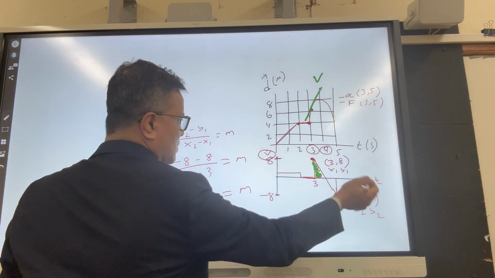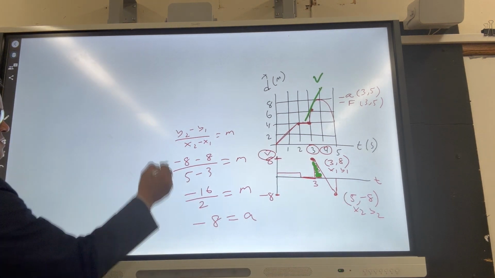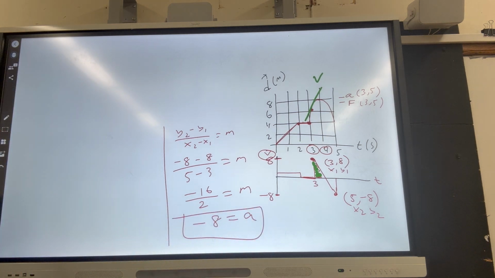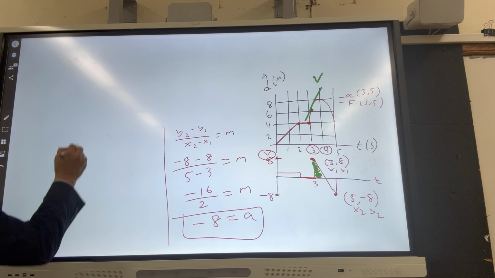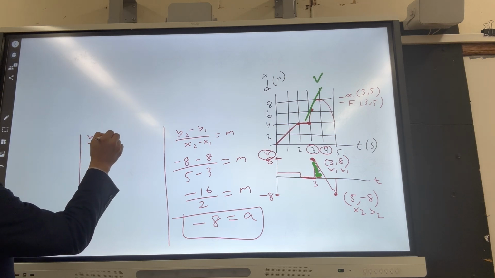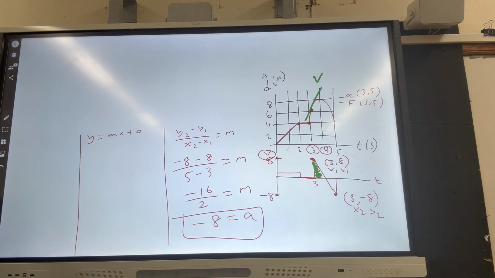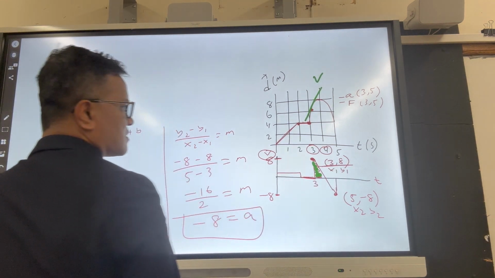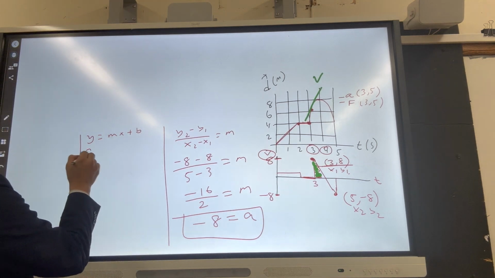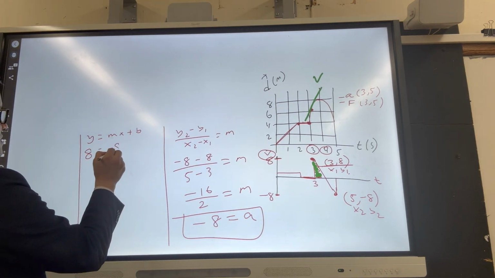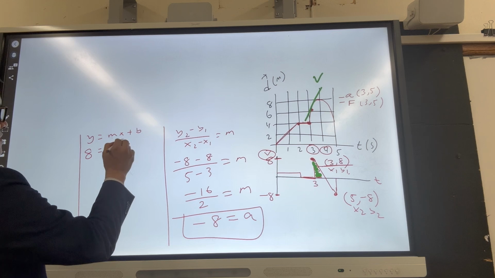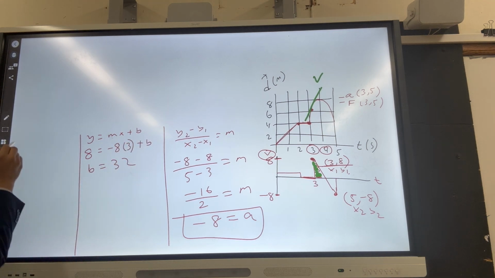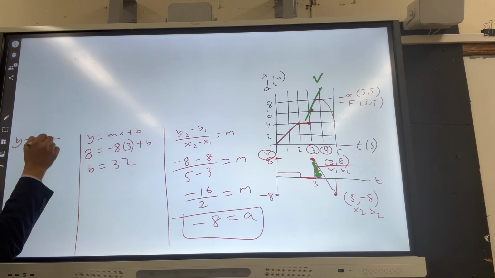Because this is the slope of the VT graph, and the slope of the VT graph is acceleration. Now we're going to use y equals mx plus b. We have 2 points. Let's use this point. Y is 8, m is negative 8, x is 3, plus b. So b is 32.